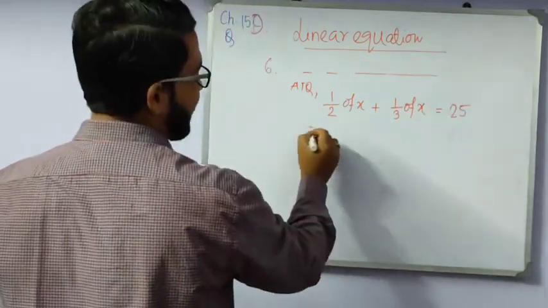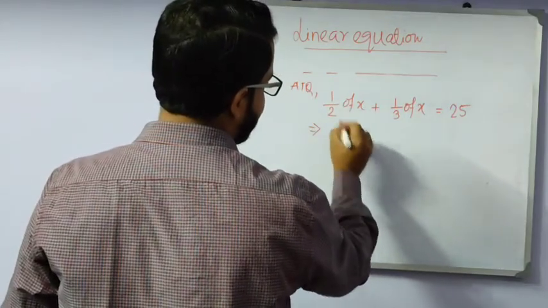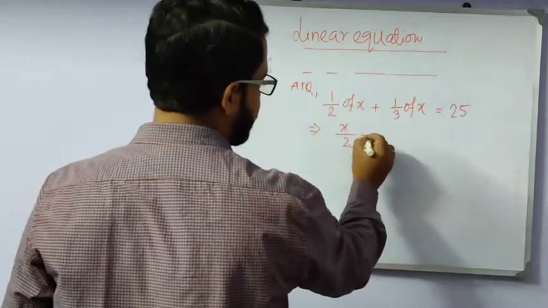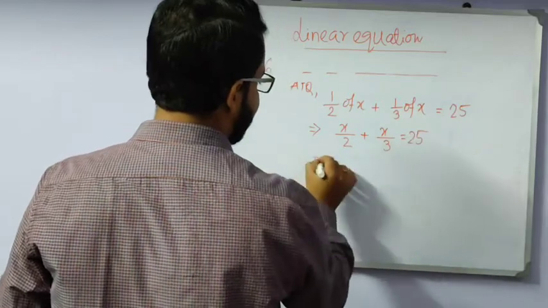Now find out the value. 1/2 of x means x by 2, plus x upon 3 is equal to 25.